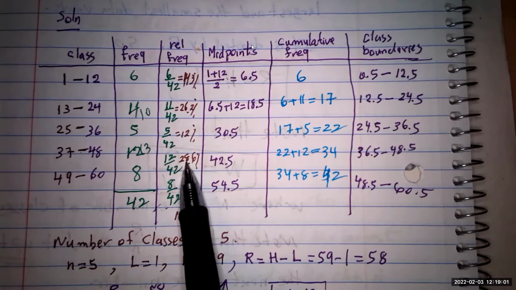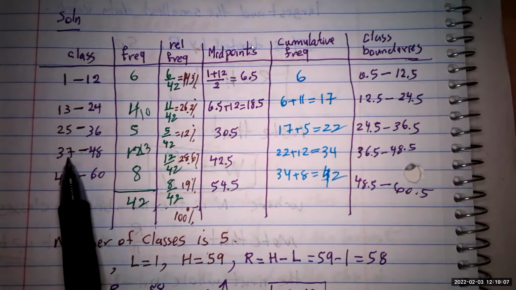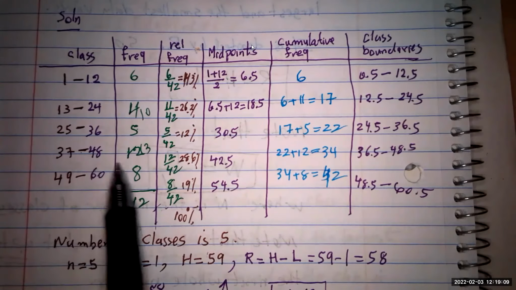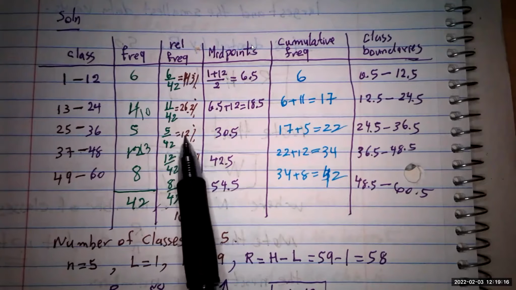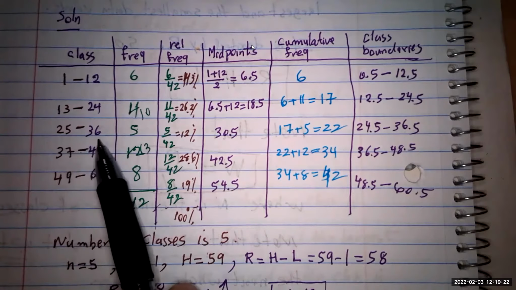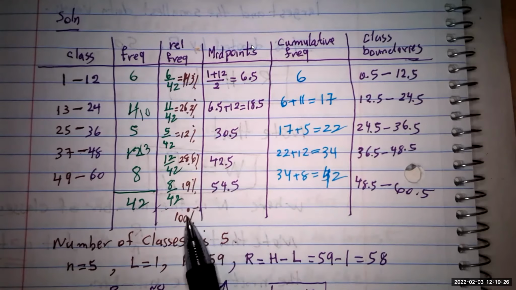So we say that the chance that the tumor of the patient would recur between 37 months and 48 months is something like 28%. If you pick one patient out, there is a 12% chance that the cancer of that person would recur between 25 and 36 months. So these are going to be the probabilities, if you like, in future.